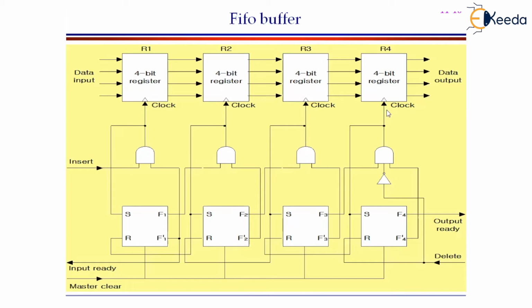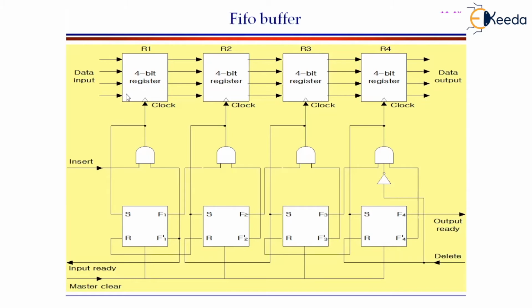I used 4 registers to make it very simple, because the buffer size can be 1024 to 2048 words at the same time. If you have 4 registers, you will be able to store 4 bytes of data, 4 words of data, at the same time.